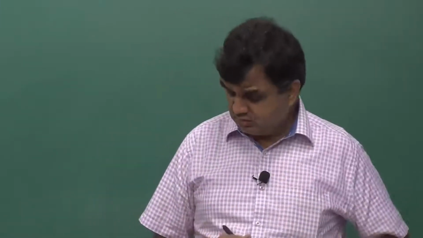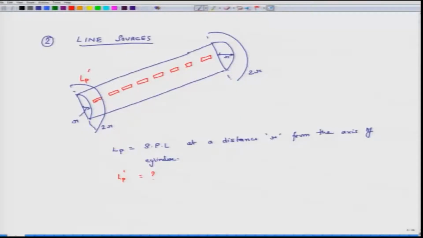If you use that notion, you will find that LP prime equals LP minus 3 decibels.